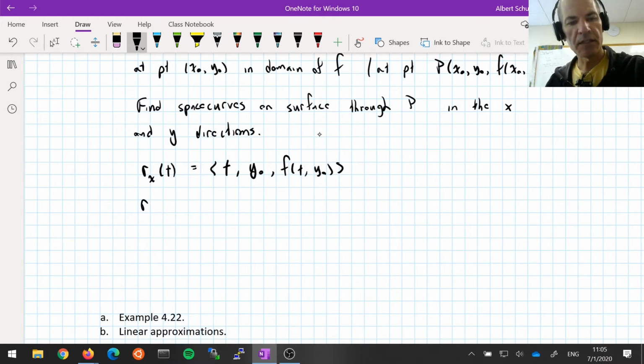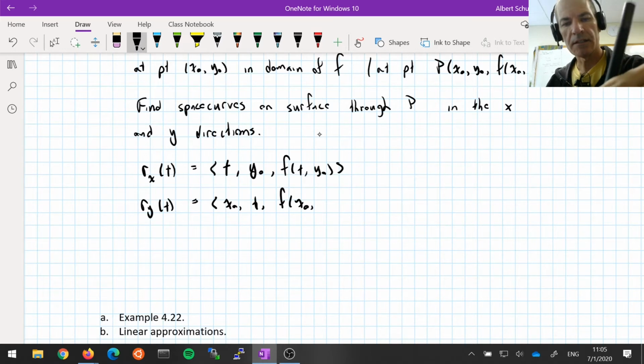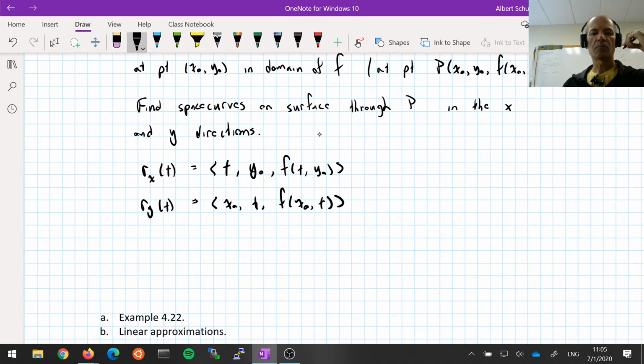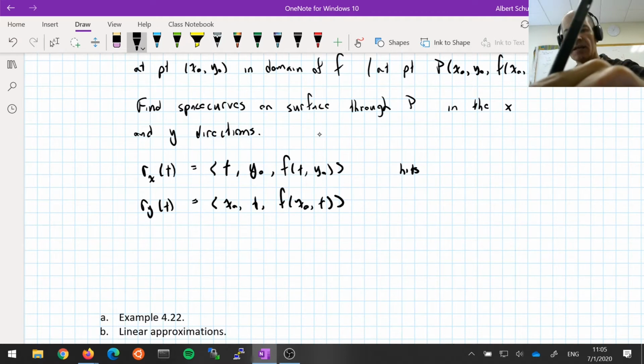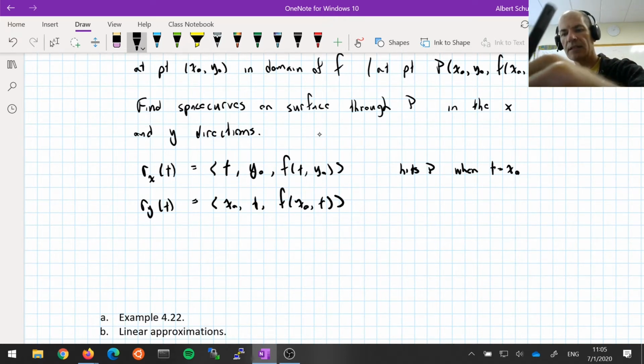And similarly, we'll define r sub y of t to be x naught, t, f of x naught, t. This curve will pass through the point P, so this one hits P when t is equal to x naught, and this one hits P when t is equal to y naught.